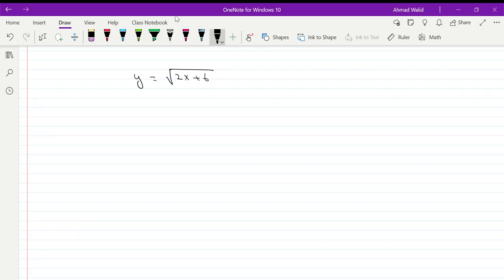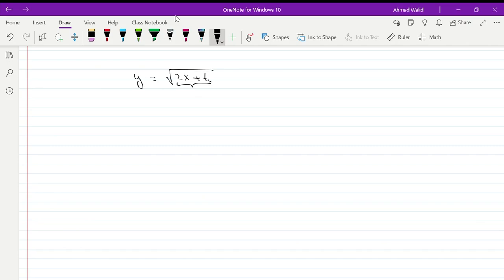First, you find your restriction. How to find restriction? Whenever you are dealing with the square root function, make a note. When you want to find the restriction in the domain of a square root function, whatever is written under the square root, we call it radicand, right?